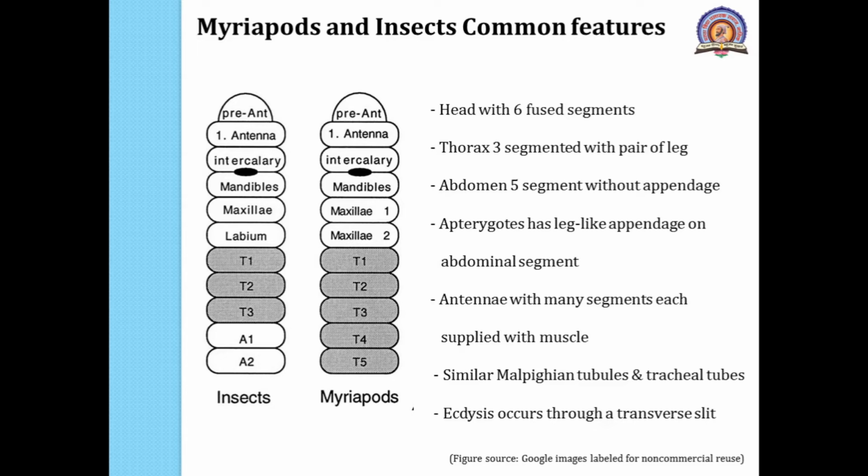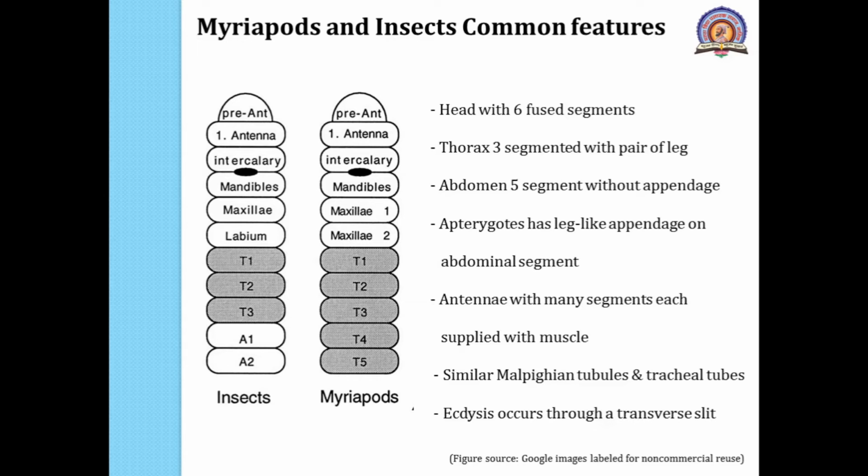Again, the presence of a pair of antennae with a variable number of segments, each of these segments being supplied with muscles, is a feature common to all myriapods, and this character is also found in the antennae of some primitive insects belonging to the Diplura and the Collembola.